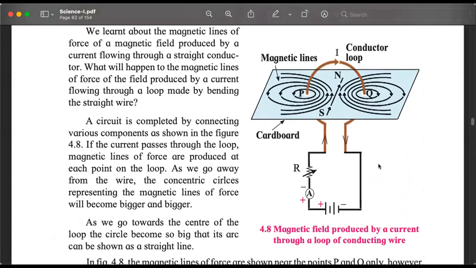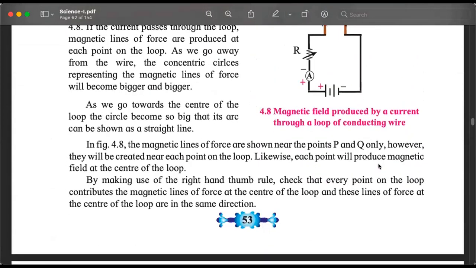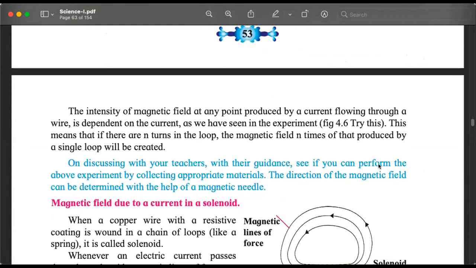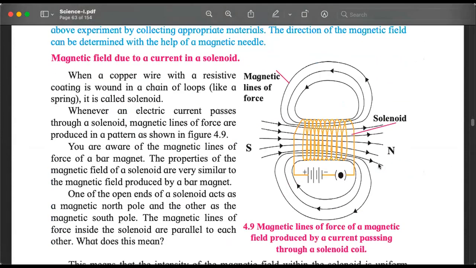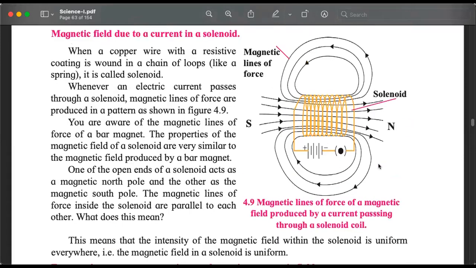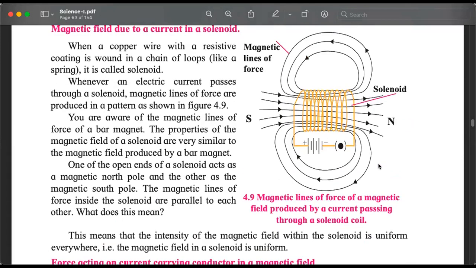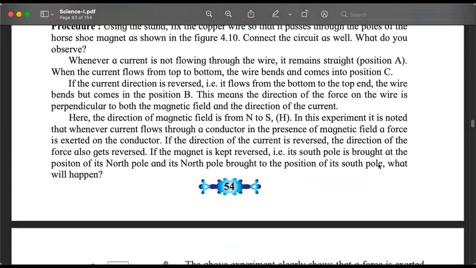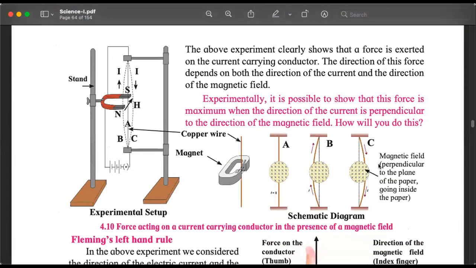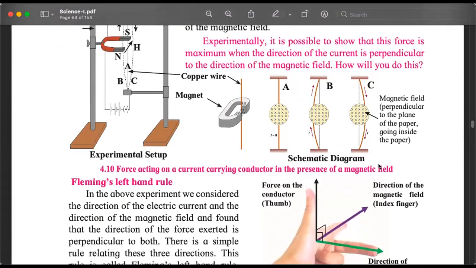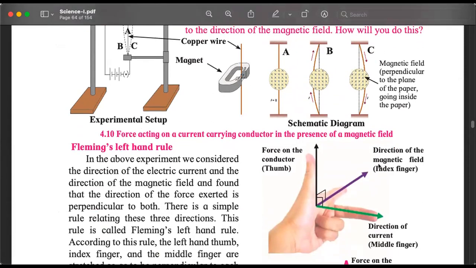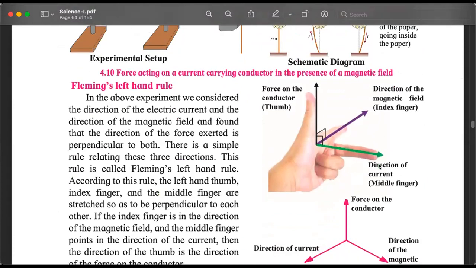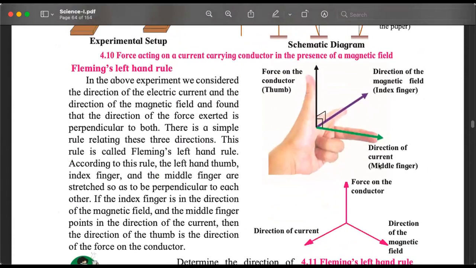We understood how different conductors create different types of magnetic lines of forces, especially about solenoids. Solenoids act exactly like a bar magnet. And this force that the conductor experiences results in the motion of the conductor, and this is explained by Fleming's left hand rule.